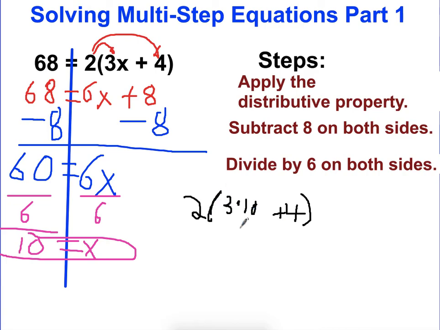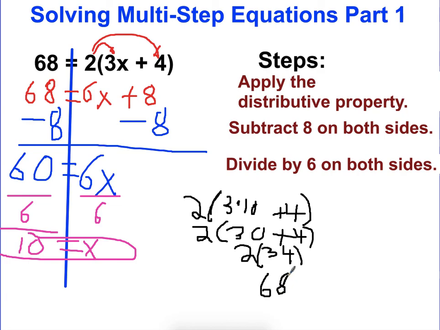Okay, 3 times 10 is 30 plus 4. Doing them one step at a time using order of operations, 30 plus 4 is 34. And there's a 2 here, so this is 2 times 34. We do get 68, and that makes both sides of the equation true then. They equal each other.